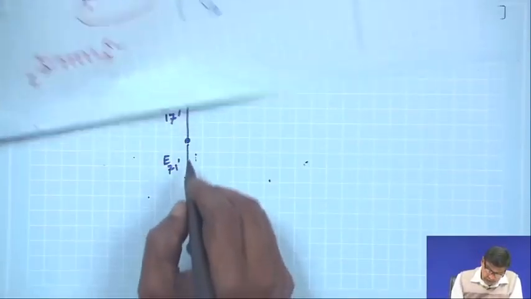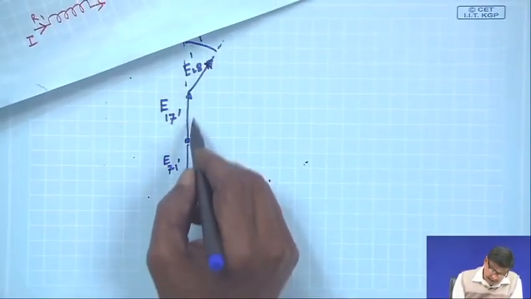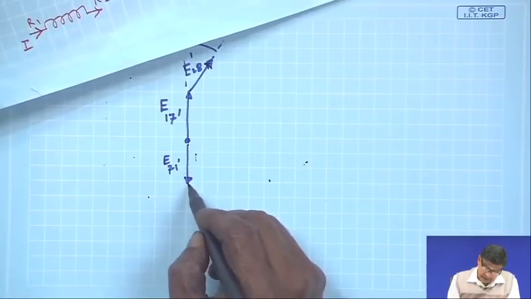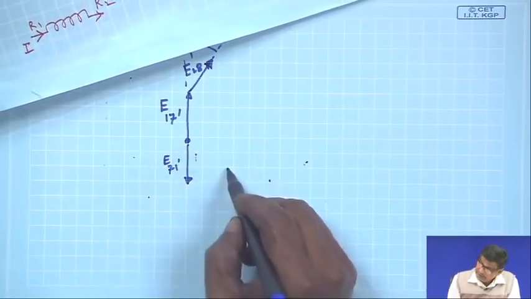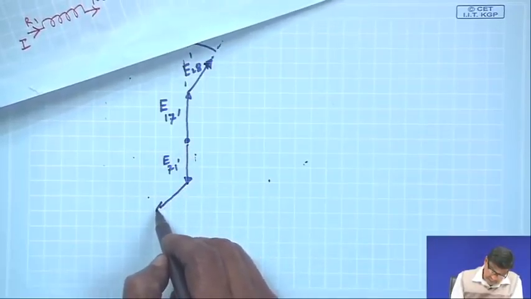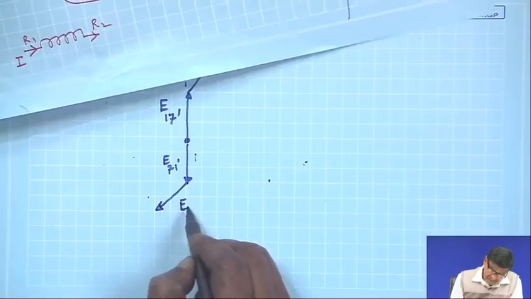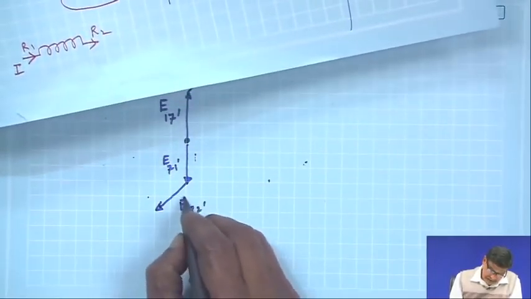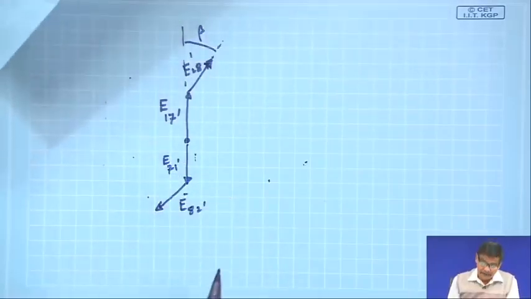Similarly, E82 dashed will be lagging it by 180 degrees, this way. This is E82 dashed, this way it is lagging.